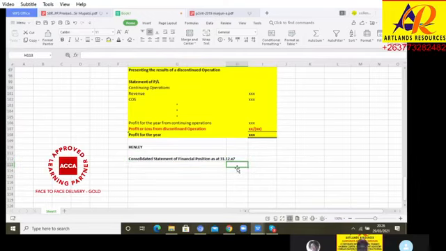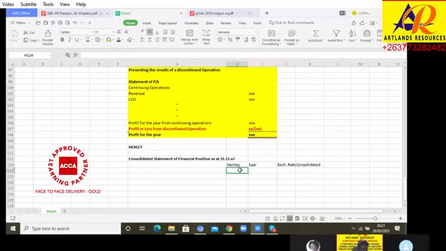You have Henley, then you have got SAR, then you put exchange rate here, and then here you then say consolidated, like this.